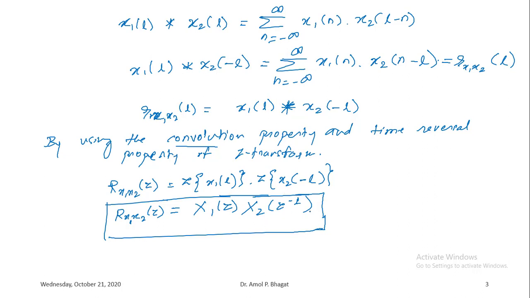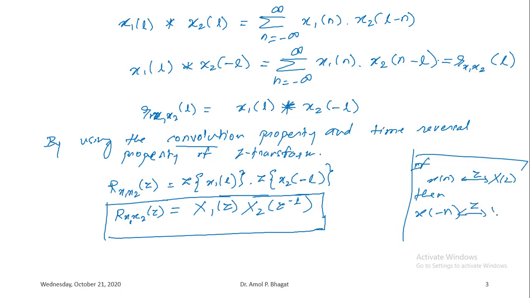Here X2 of z inverse was written as per the time reversal property of Z transform, because we know that if x of n has the Z transform X of z, then x of minus n has the Z transform X of z inverse, as per the time reversal property, right?